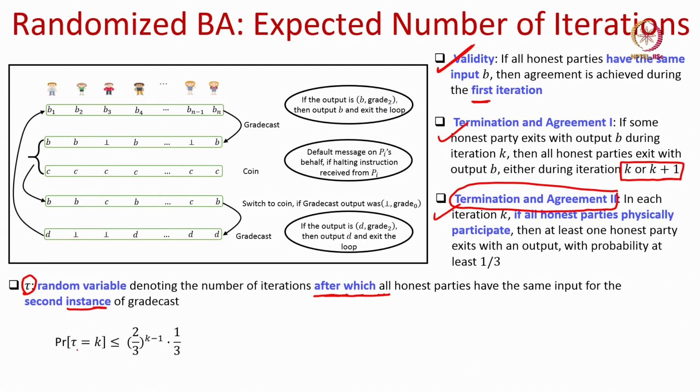Now, the probability that this random variable tau is equal to k means that the first k minus 1 iterations fail to reach agreement.